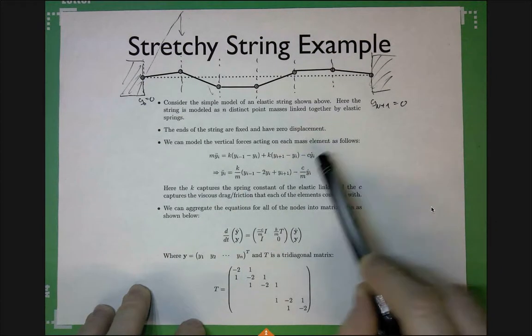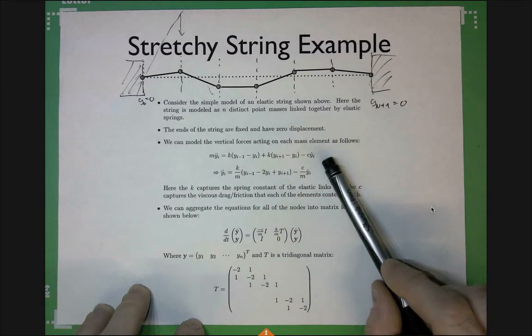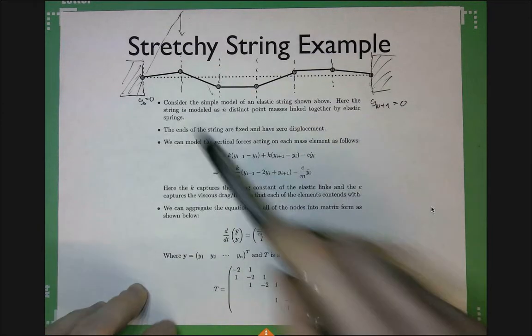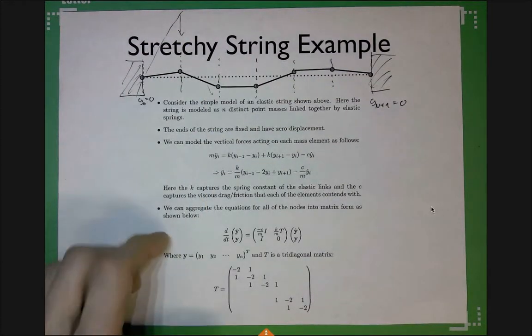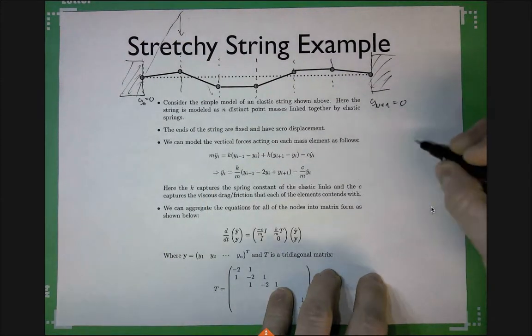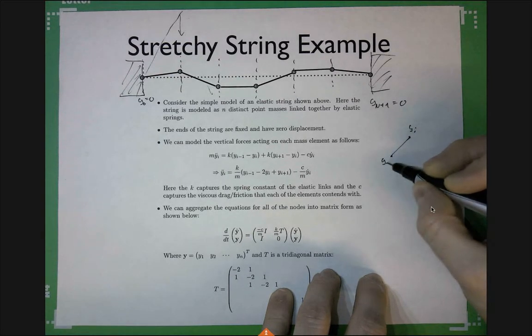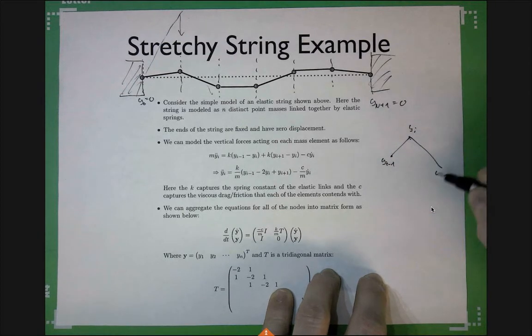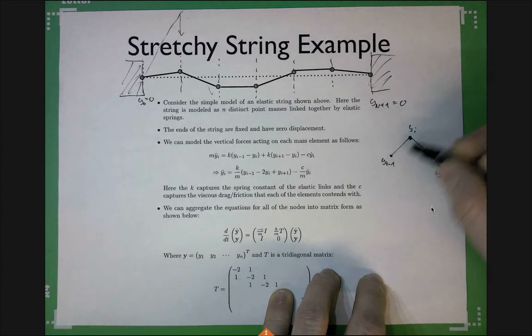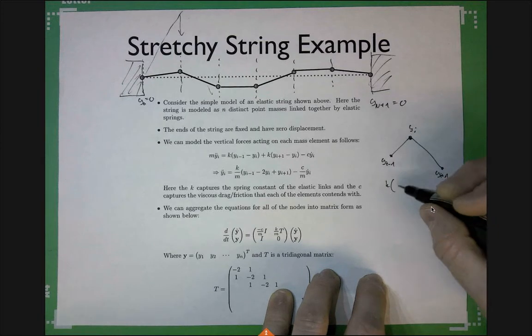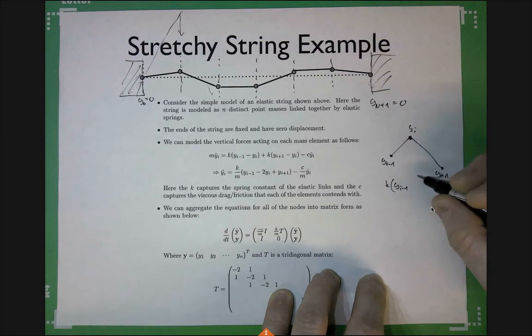Now what we do is write the second order ordinary differential equations. For this I need some model of forces. If I'm on some link y_i, my left neighbor is y_{i-1}, and my right neighbor is y_{i+1}, then the force acting on link i from this spring is k times (y_{i-1} minus y_i).